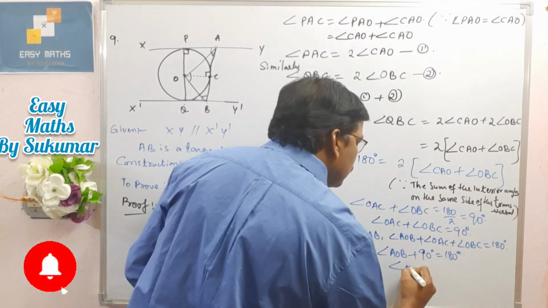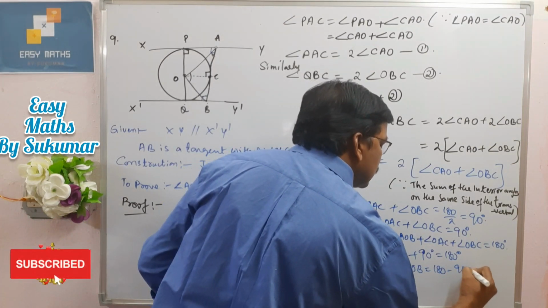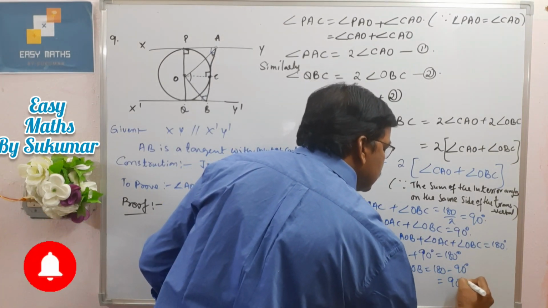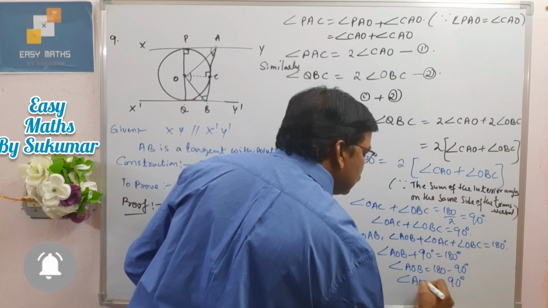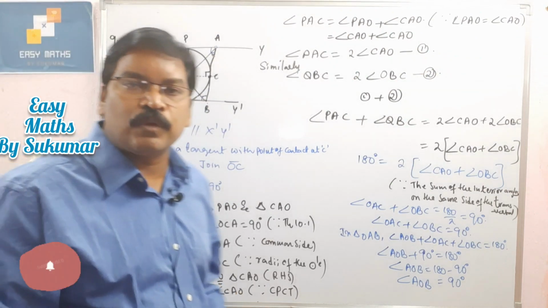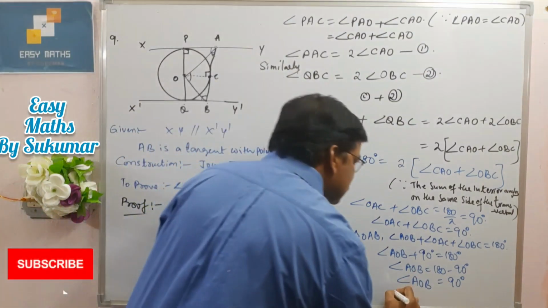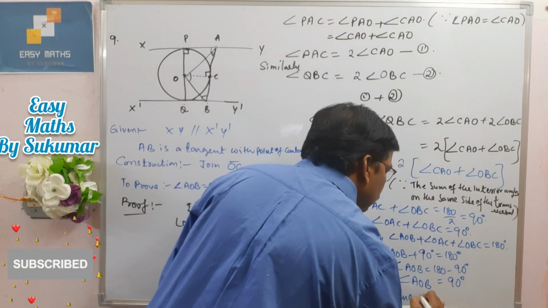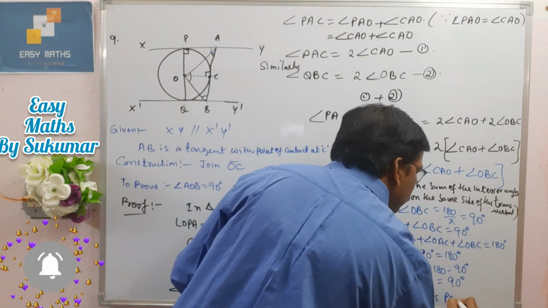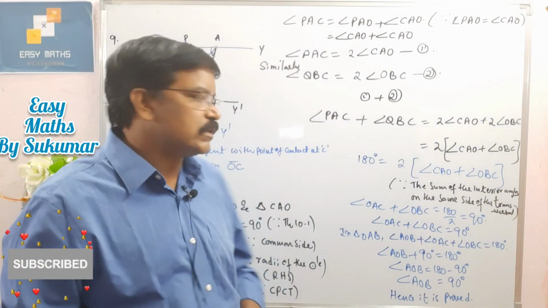So angle AOB is equal to 180 minus 90, so it is equal to 90 degrees. Hence, it is proved. I hope you understand this question, my dear students.